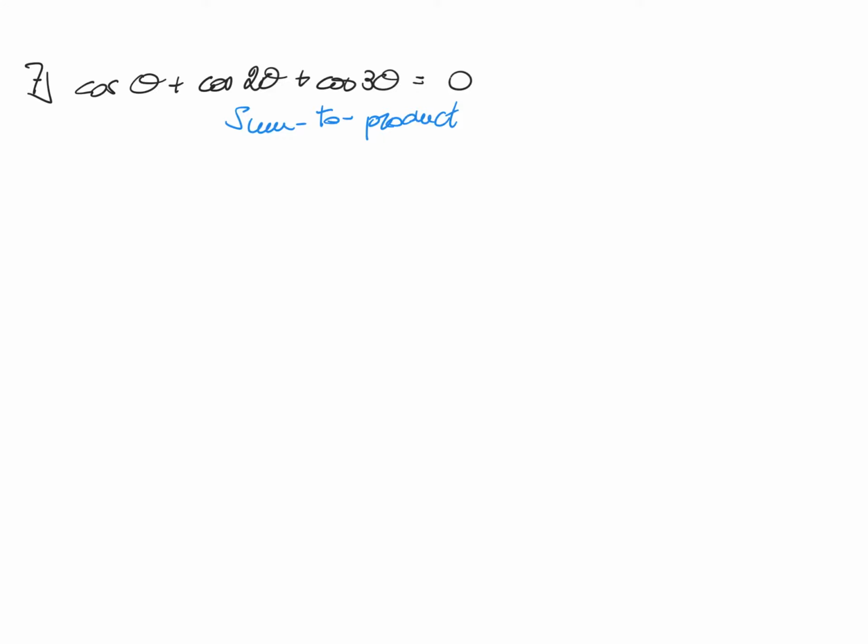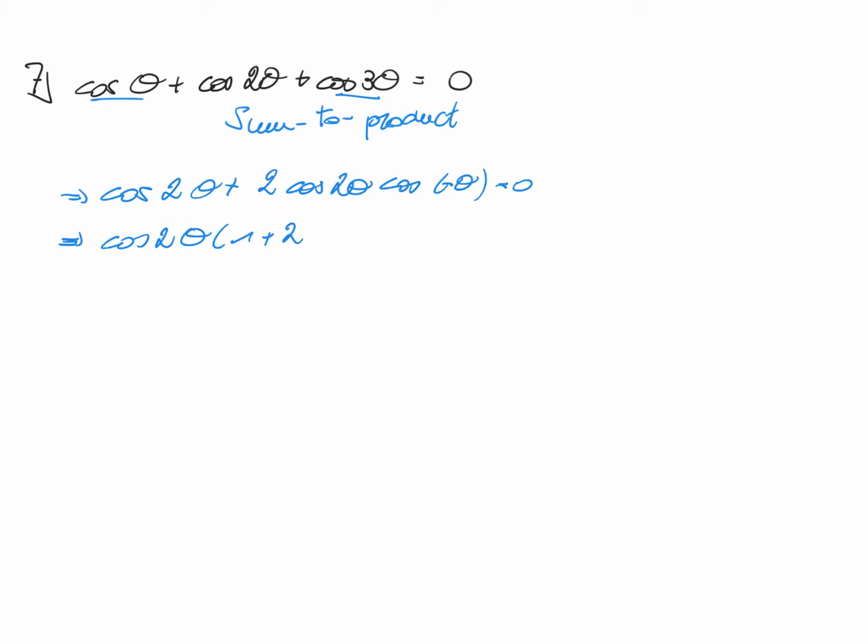And we will apply this to cosine 3 theta and cosine theta. This then gives cosine 2 theta plus 2 times cosine 2 theta times cosine minus theta equal to 0. Or cosine of 2 theta times 1 plus 2 times cosine theta is 0.